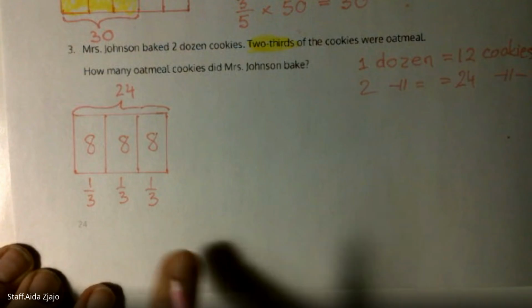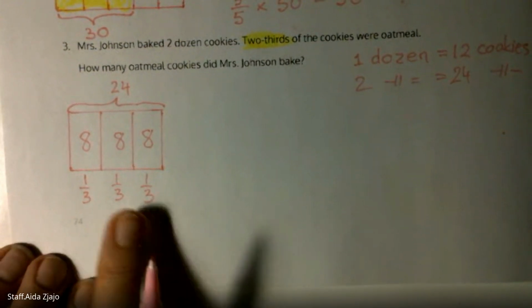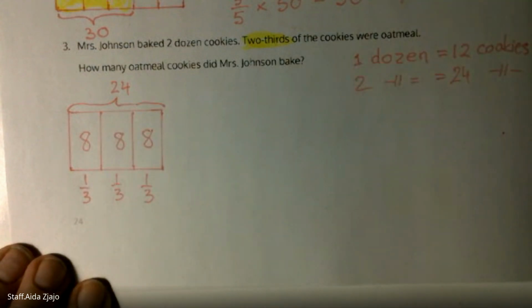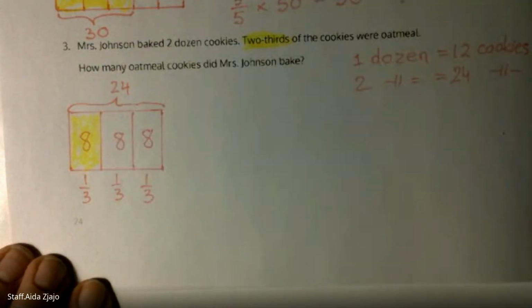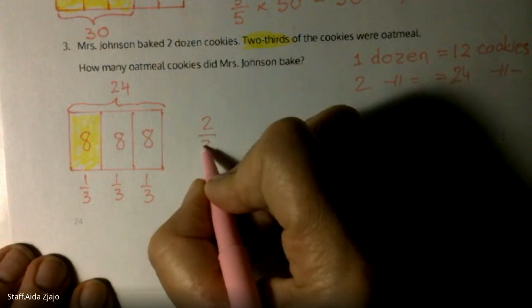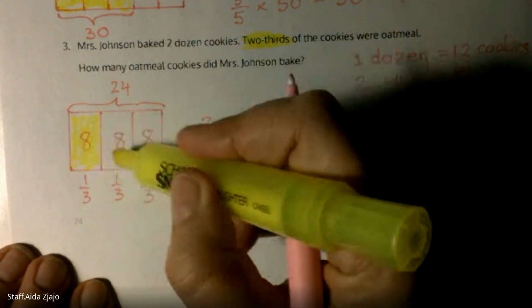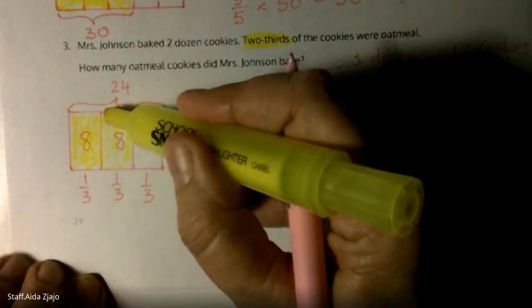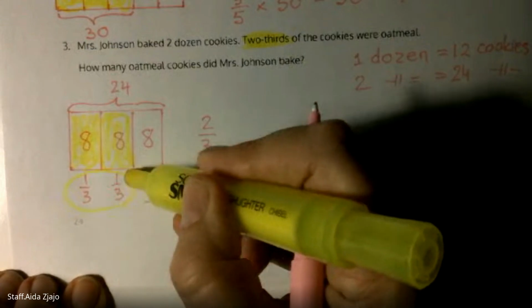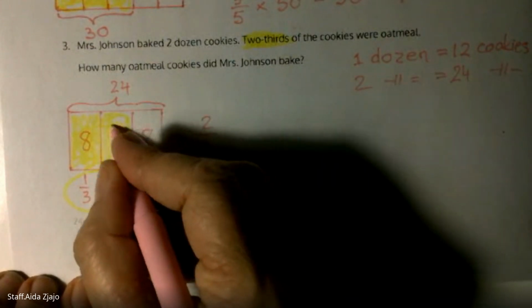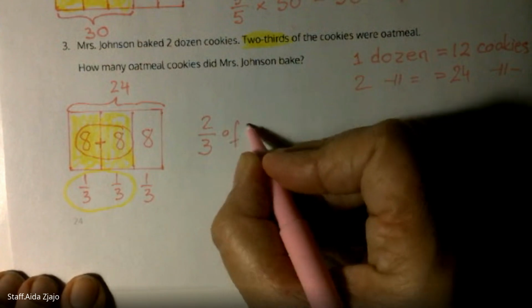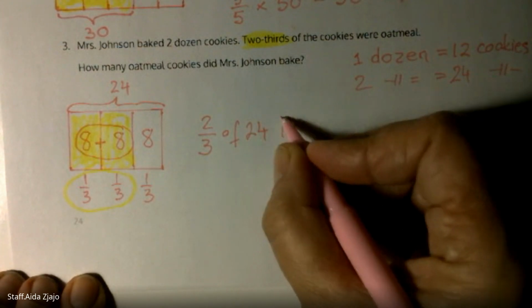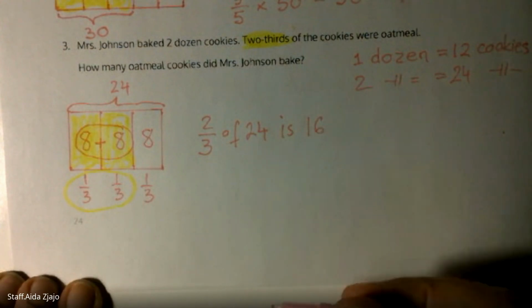So now I know from my diagram that 1/3 of 24 cookies is 8 cookies, but they ask us 2/3. 2 out of 3 pieces. So that's 1/3, and this is another third. 2/3 of 24 is 16 cookies.